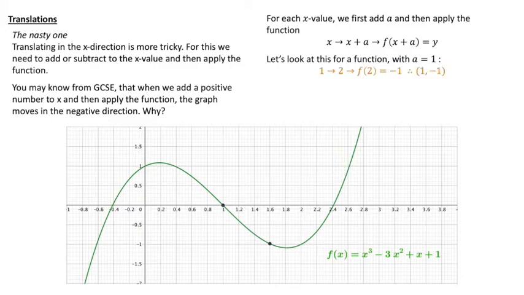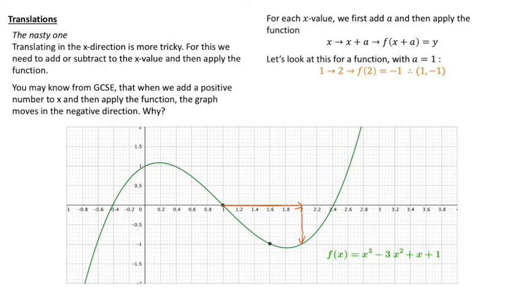So the point where x is 1, first of all we have to add 1, so going from x to x plus a means going from 1 up to 2. Then we apply the function, f of 2, so that is down there. So the x value has gone from 1 up to 2, then we've moved on to the function.